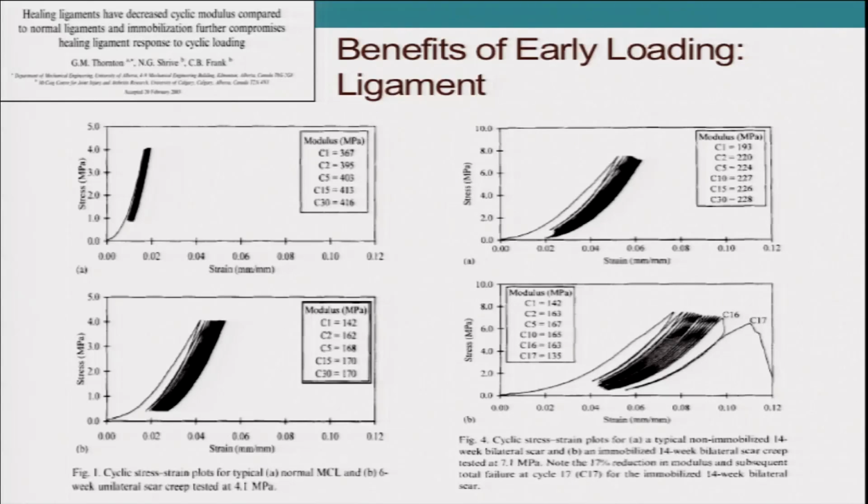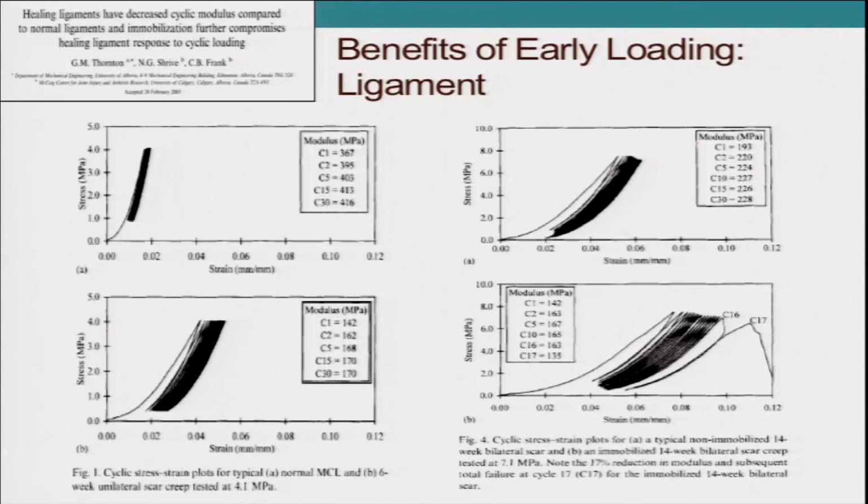Similarly, when we compare that to after 6 weeks of immobilization, you can see the difference consistently between the healthy control and after 6 weeks of immobilization. What you see is a significantly greater amount of creep. So the mechanical properties of the ligament are very different.